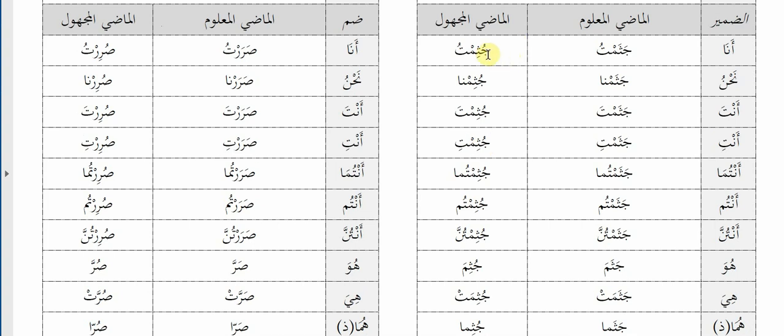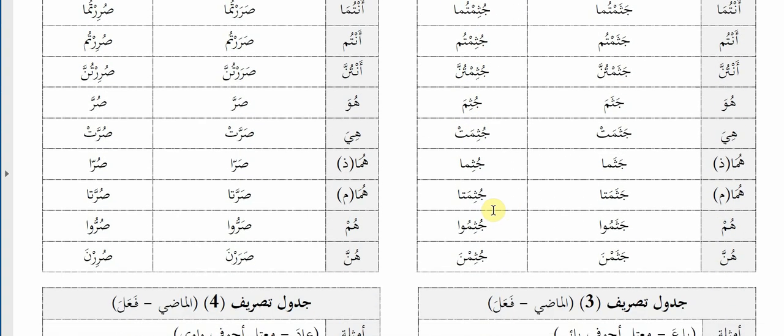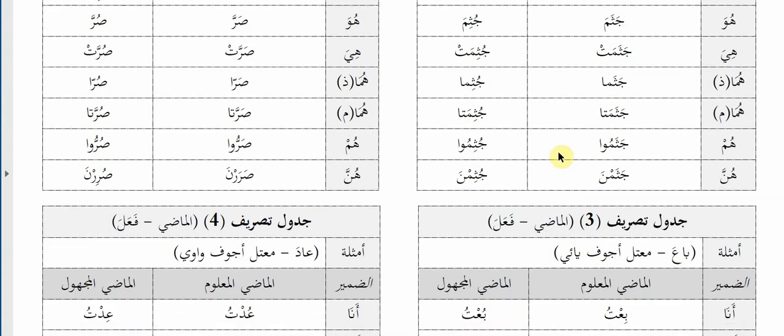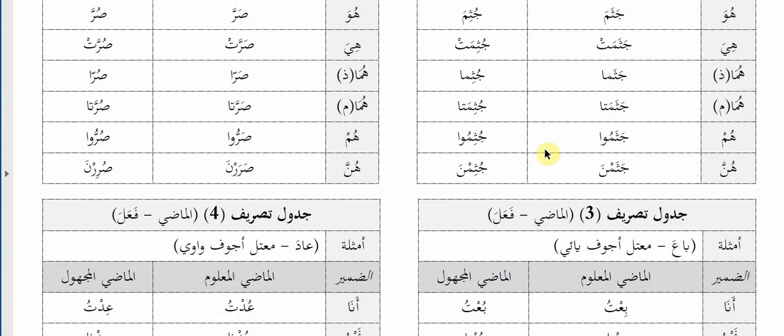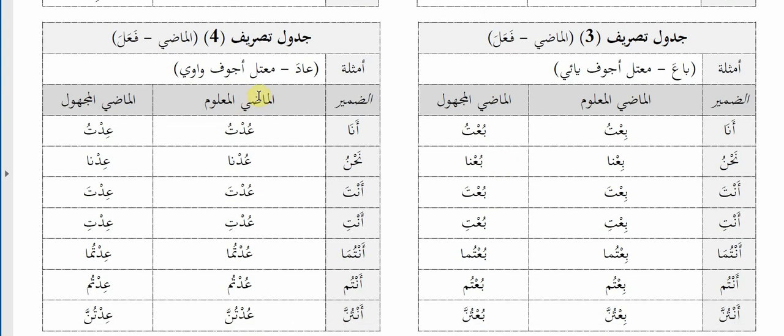You see the change on the first letter. Once you know that change, that's it, you're set. There are other changes on the second letter, but just so you know, you have it there. You have a table for how it attaches to pronouns. Here's another verb, it has a different setup.